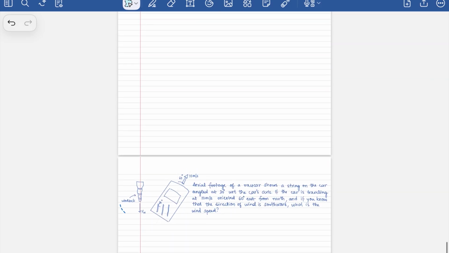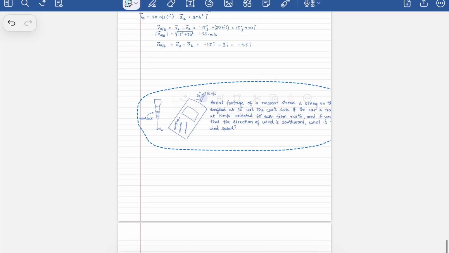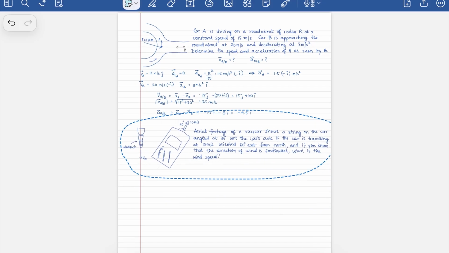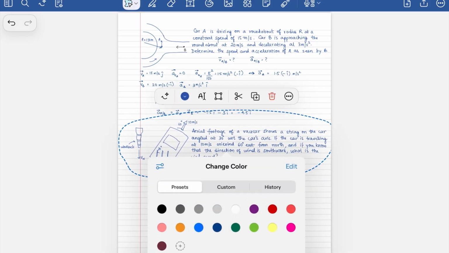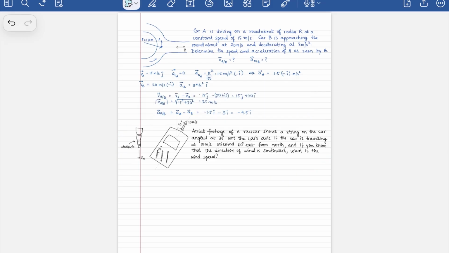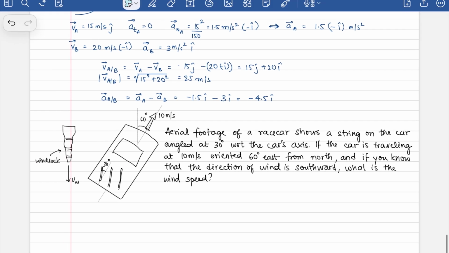Let's do the next one, which is, I think, quite interesting. So before the time of wind tunnels, when they were studying aerodynamic effects on race cars, what they would do is they would tie strings on the race car using tape.